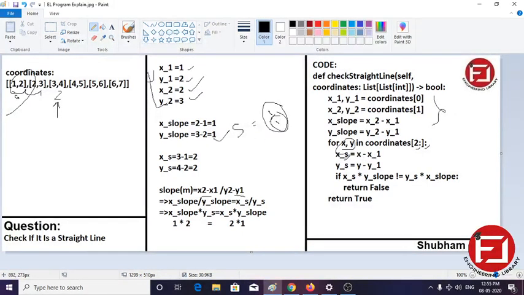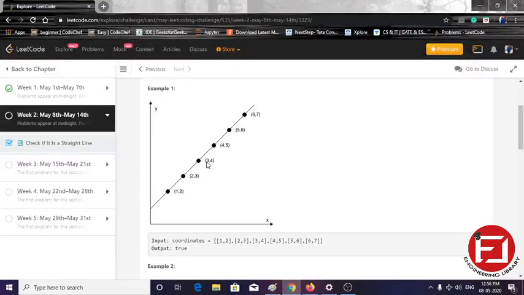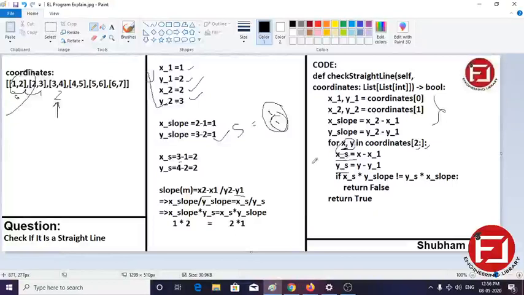Now we are calculating x and y, meaning x minus x1. x is pointing to 3, minus the initial point x1, which is 1, so 3 minus 1, and 4 minus 2, means we are calculating the slope of these 2 points. So it comes to 2 and 2.